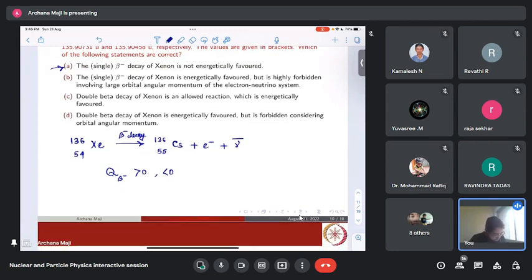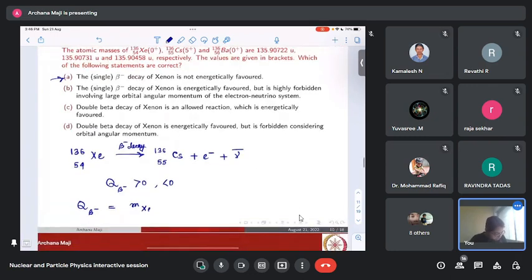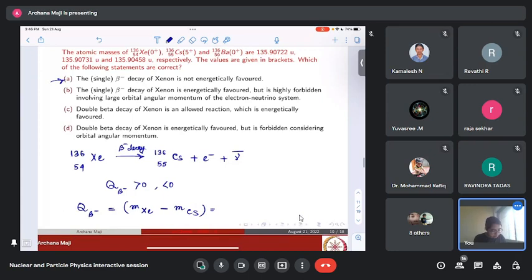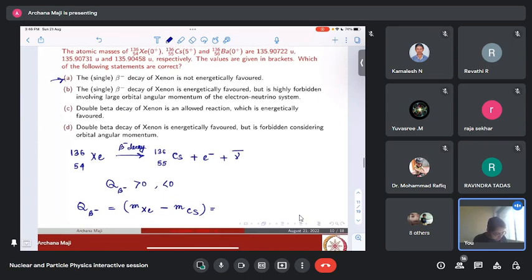And as we already saw, for beta minus decay, Q value is mass of the parent nucleus, so basically these are atomic masses, since I am not writing anything on the superscript, minus mass of the daughter nucleus. Okay, and if we compute that, so mass of xenon is 135.90722.